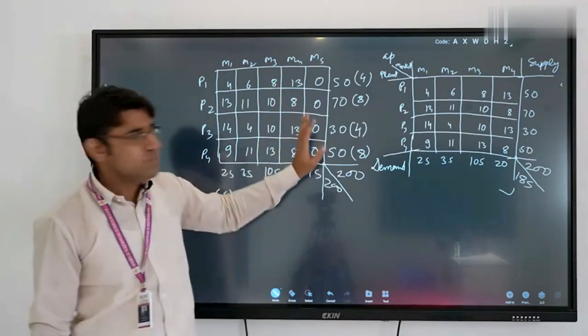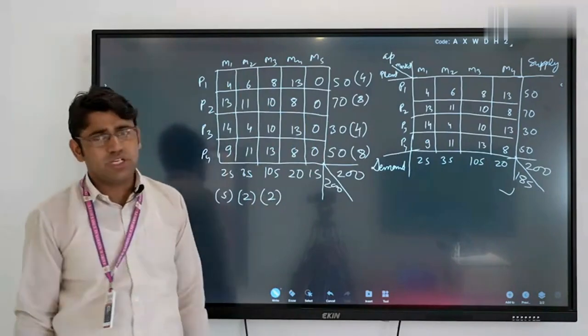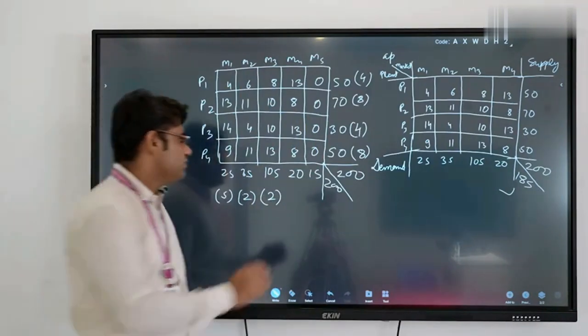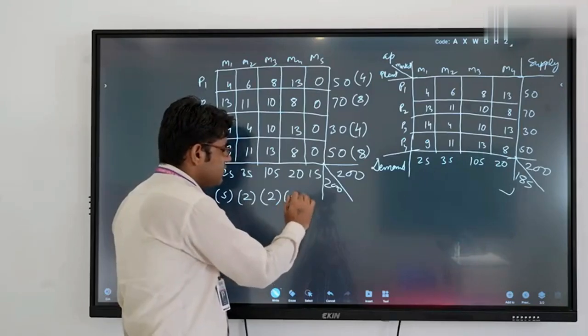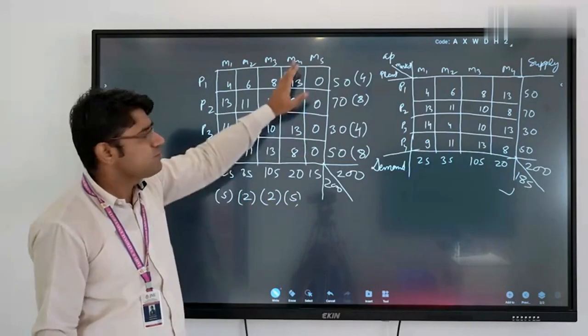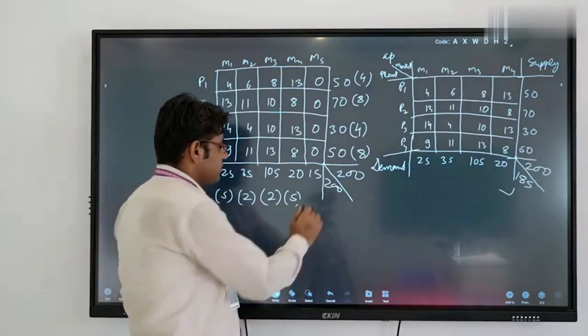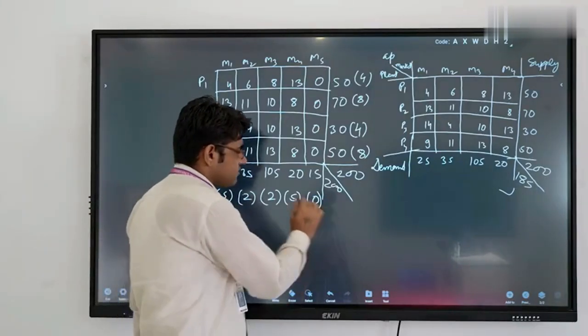In the next column smallest is 8 and second smallest is 13, so the difference is 5, so the penalty is 5 here. And in the next column smallest is 0 and second smallest is 0, so the difference is 0.